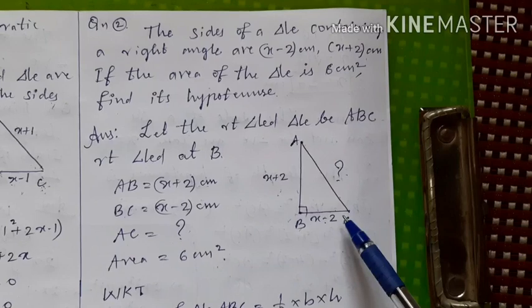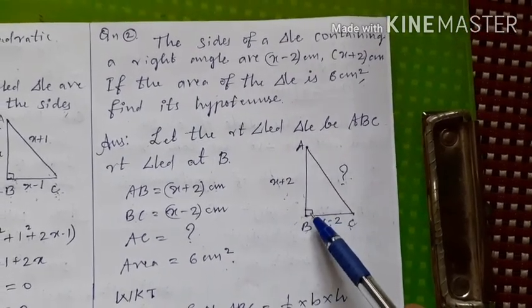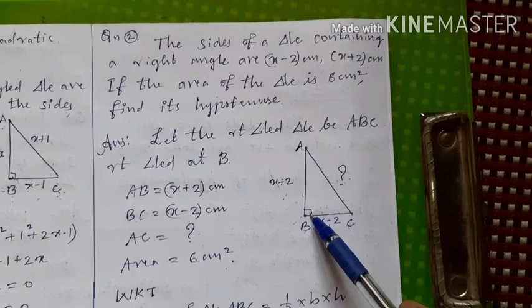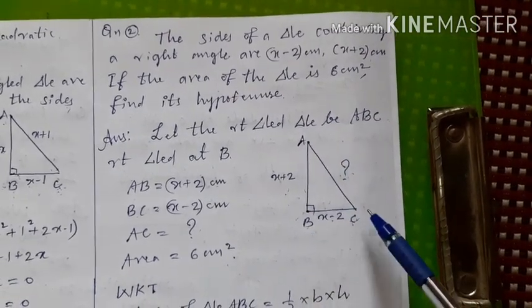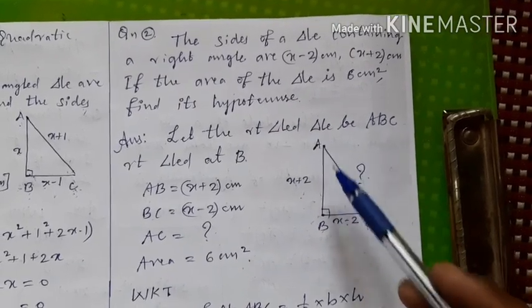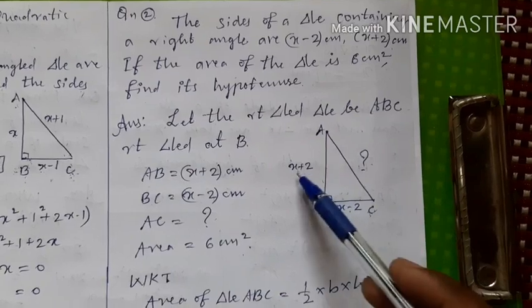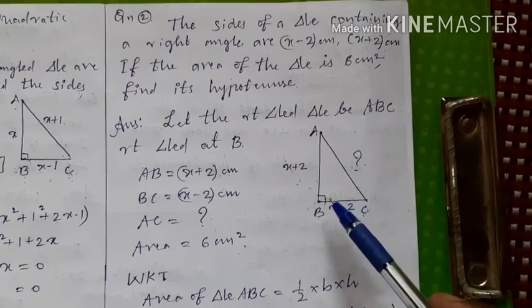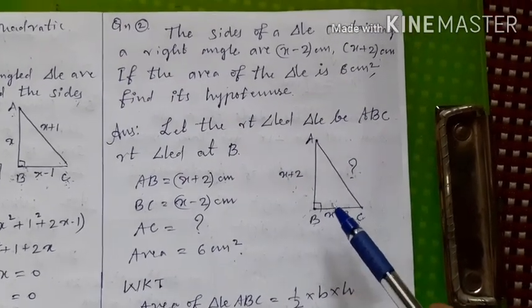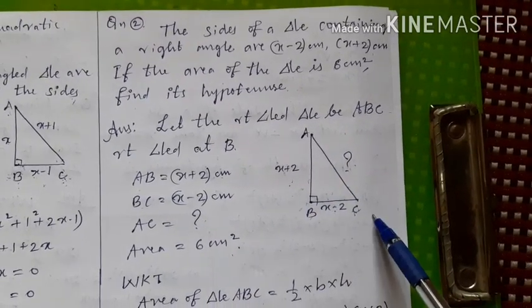According to the statement, the sides involved in making right angle B are AB and BC. So, the lengths of these sides have been given as AB as x plus 2 centimeter and BC as x minus 2 centimeter. These two sides contain the right angle in right angle triangle ABC.